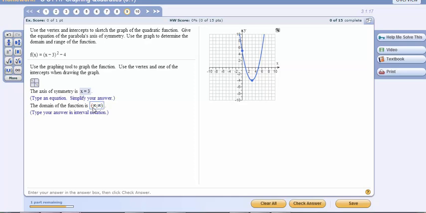Now what I forgot to put in here with the fact is this was negative infinity. And then the range was the bracket, and I believe we started at negative 4, and then we went off toward infinity. Yep, so that's how we would graph one of these functions. So the MyMathLab part of this isn't too difficult after you kind of get used to that graphing tool. And remember, you can make this graph as big as you need to be able to see where those points are, so you don't mess up on a point of intersection.